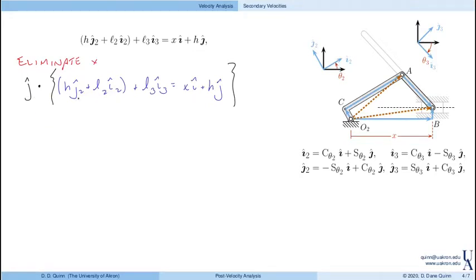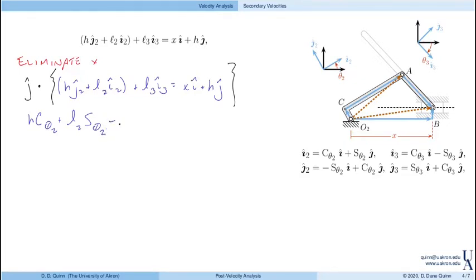Working through all this, here are the directions. You can pause this and work out I2, J2, and I3, J3 in terms of I and J. I've just rewritten them here for convenience. So J dot J2 is cosine of theta 2, and J dot I2 is sine of theta 2.